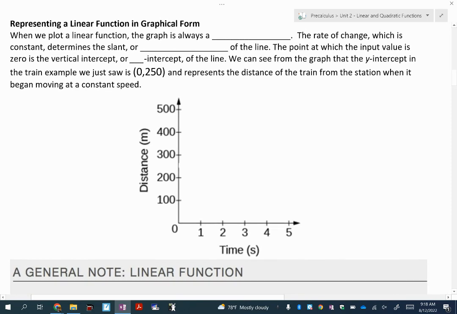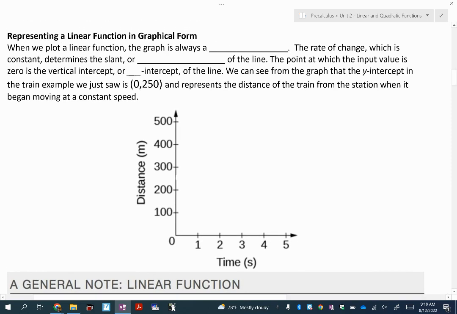Okay, so in terms of representing this as a graph, if it is a linear function, the graph will always show a line. That rate of change, which we've talked about, is the slant or slope of the line. And the point at which the input value is 0 is the vertical intercept, which you guys know as the y-intercept of that line. So in this scenario of the train, we're starting at 0, 250.